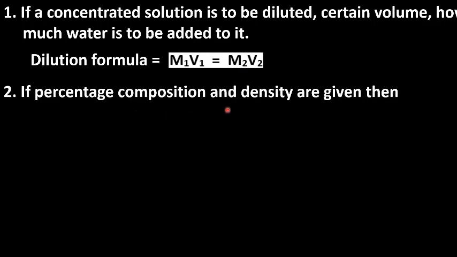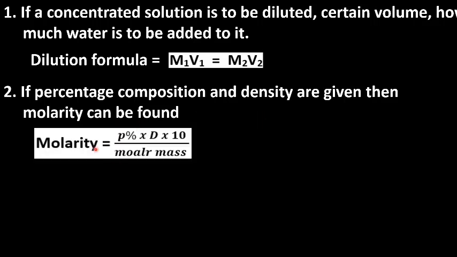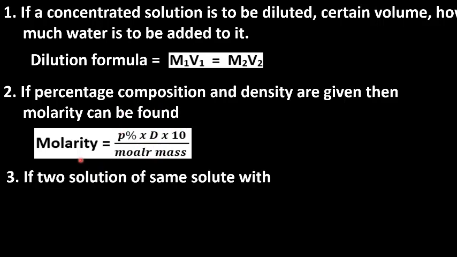If the percentage composition and density are given, then molarity can be found by the formula: molarity equals percentage composition into density into 10 by molar mass. So by using density and percentage composition, we can find the molarity directly.